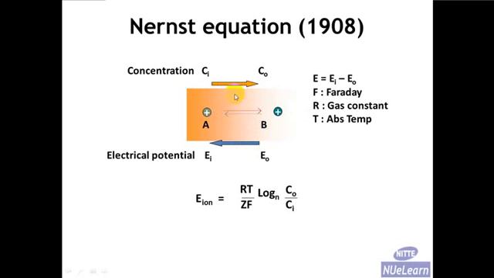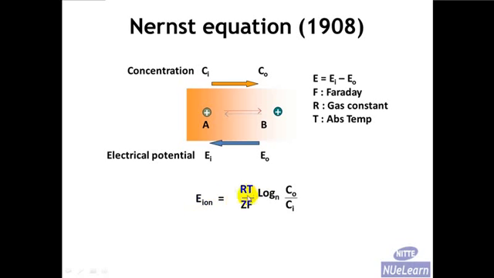And as I said earlier, at equilibrium, the movement due to the chemical gradient, the concentration gradient, would be equal to the movement due to the electrical potential. And Nernst demonstrated that the equilibrium potential would be proportional to the logarithm of the ratios of the ions on either side of the membrane. So in this case, the ratio of C outside to C inside, the logarithm of that would determine the equilibrium potential.